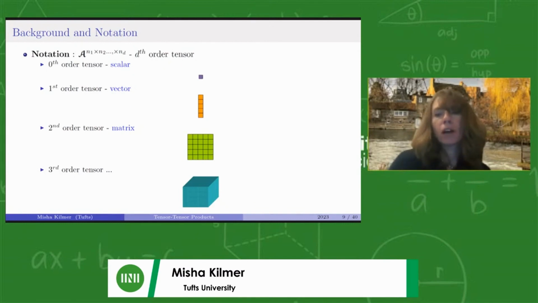So throughout this talk, I'm going to be focused on 3rd order tensors because that already stretches the limits of what I can convey on these slides. But much of what I'm going to describe actually will generalize to higher order tensors as well.